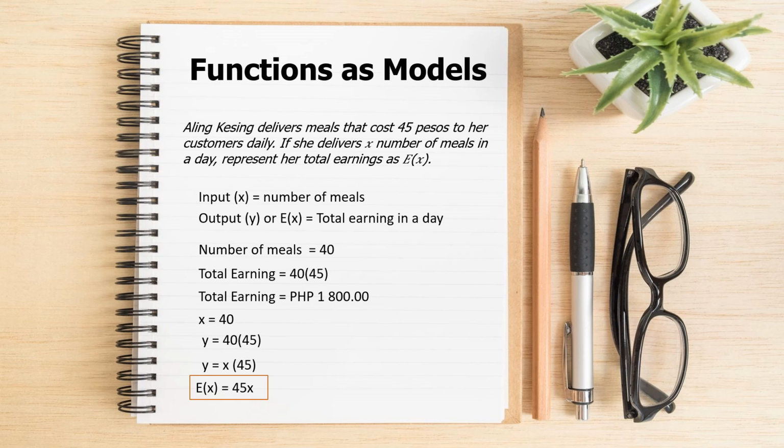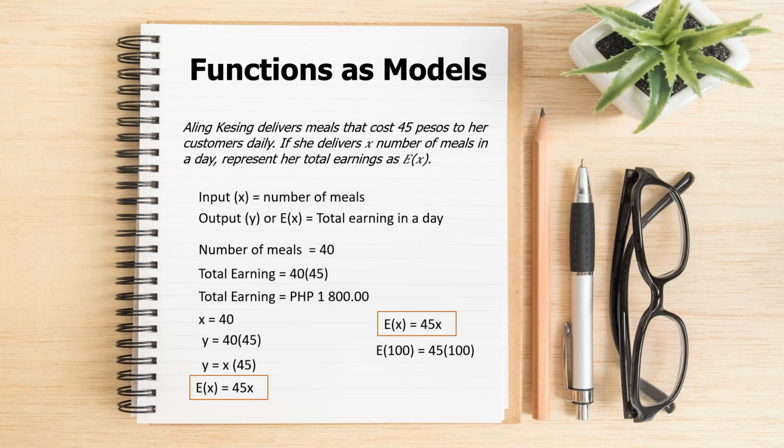So since y is equivalent to E of x, we have E of x equals 45x. We used to have the numerical or number first before the variable. So x multiplied by 45 is 45x. Using this function, E of x equals 45 multiplied by x.